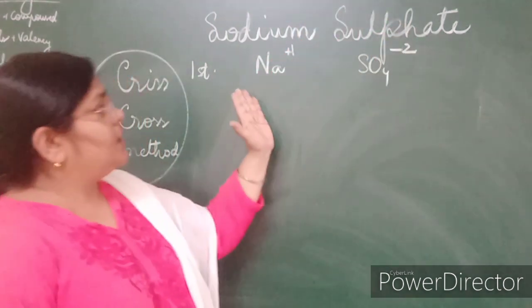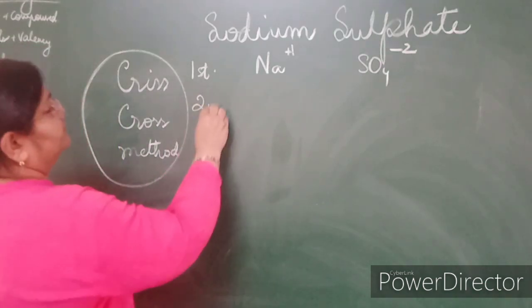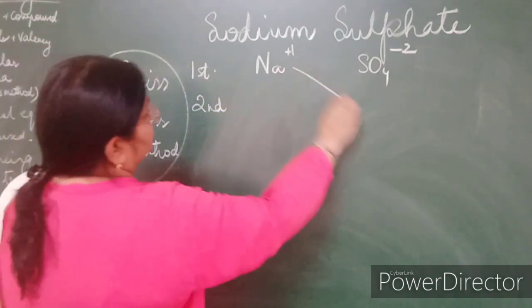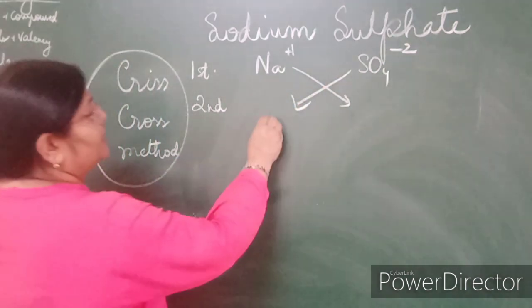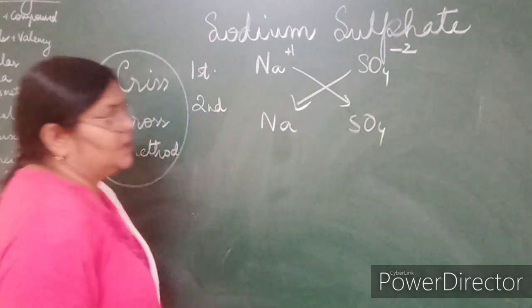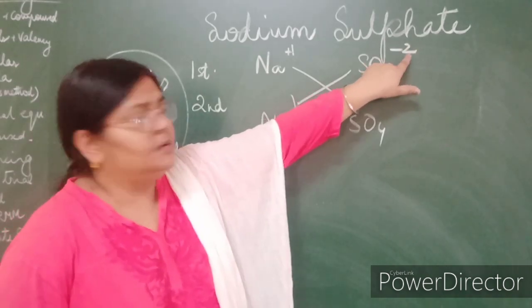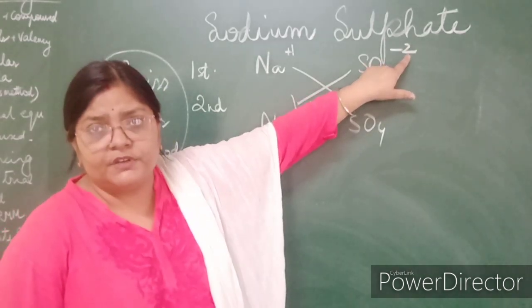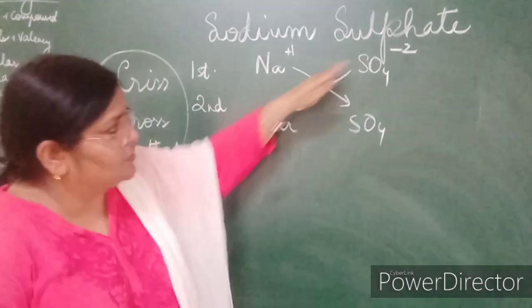Now the second step: we will criss-cross their valency. For that, again we will write their symbols as they are. Its valency was 2, which we have written as a superscript, and this will go criss-cross.